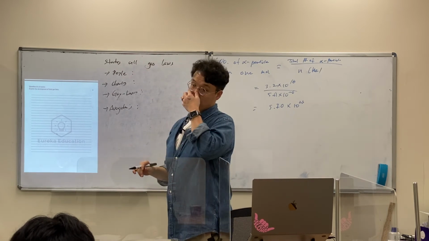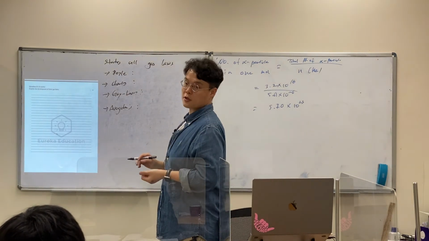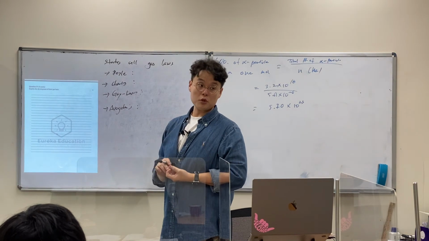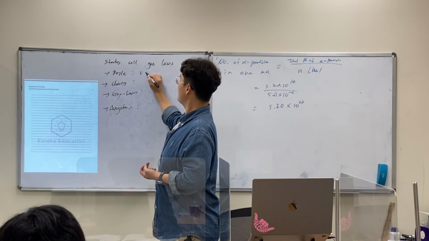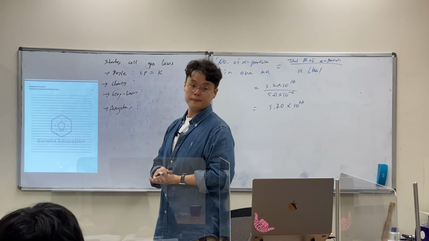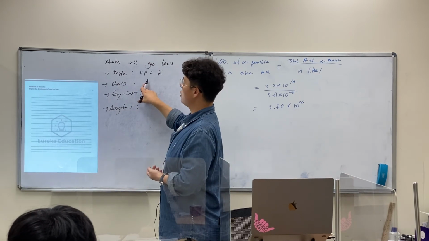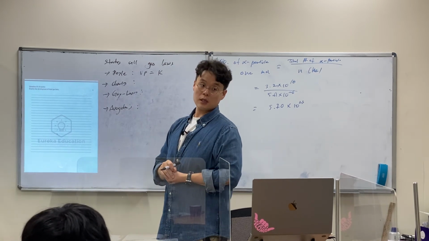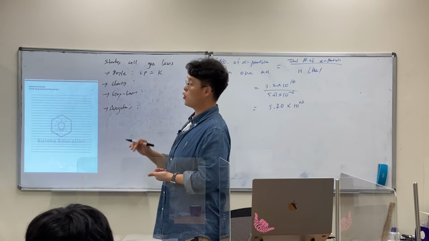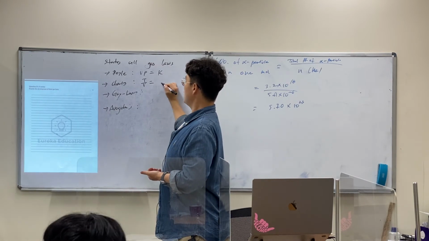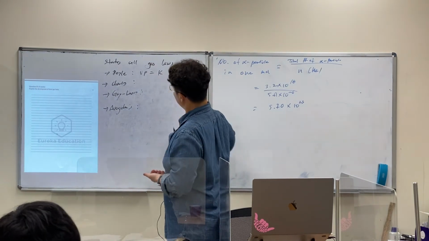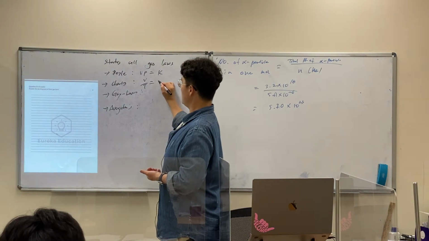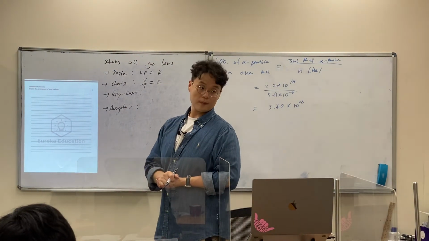Okay, Boyle's law is about P and V. The volume and pressure are inversely proportional, so PV is a constant, K. In Charles' law, we know that temperature and volume are directly proportional, so V on T is a constant value.